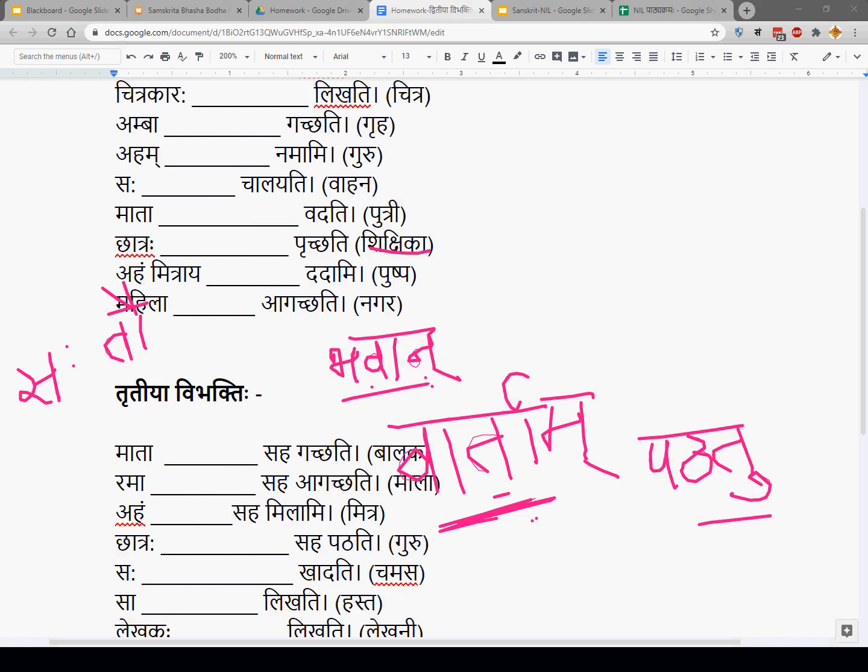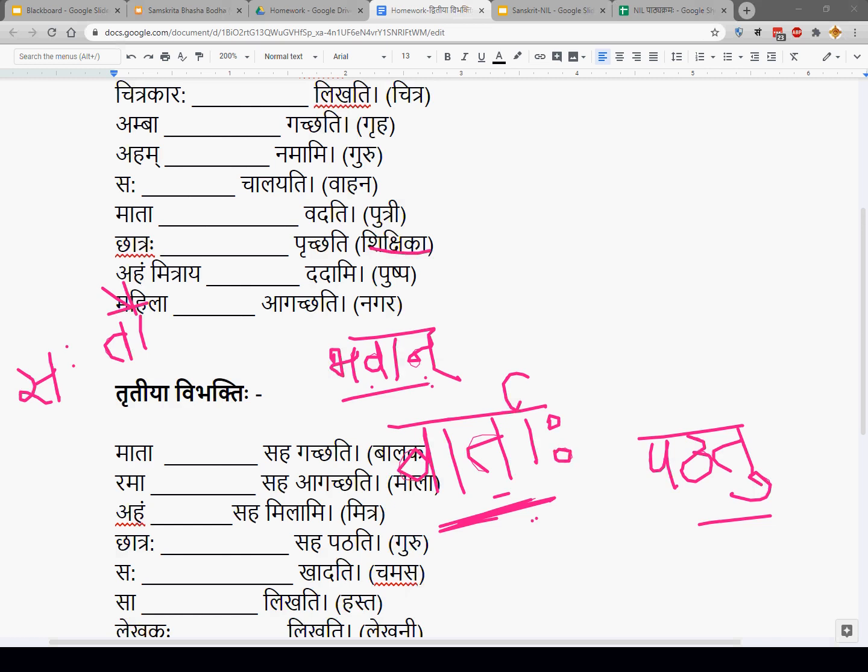Here, if you want to put it in Bahuvachanam, no problem, you can. Bahuvachanam, Vartaha. Yeah, Vartaha.